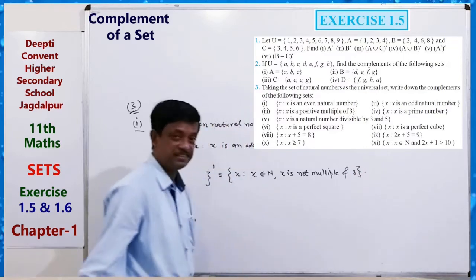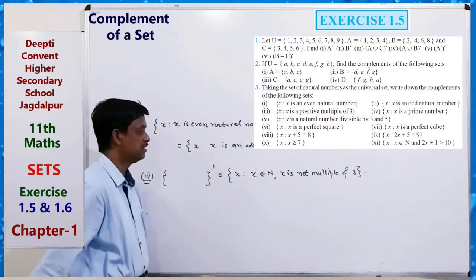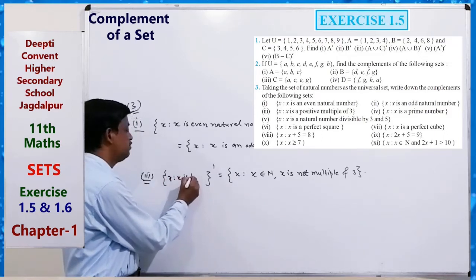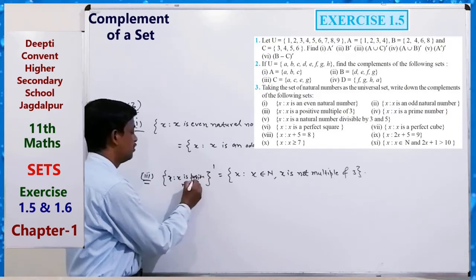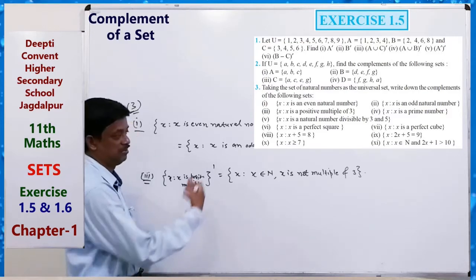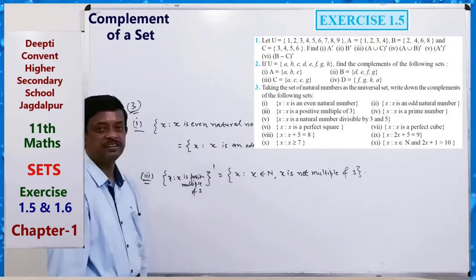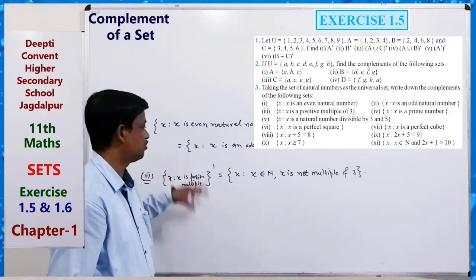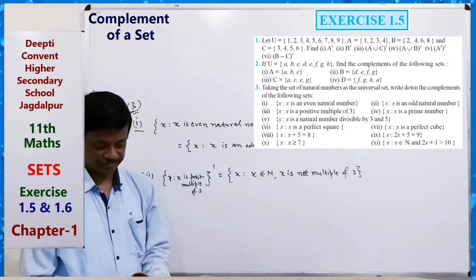We can write like this, not a multiple of 3. Not multiple of 3 means here x such that x is a positive multiple of 3. Not multiple of 3, complement. Okay.